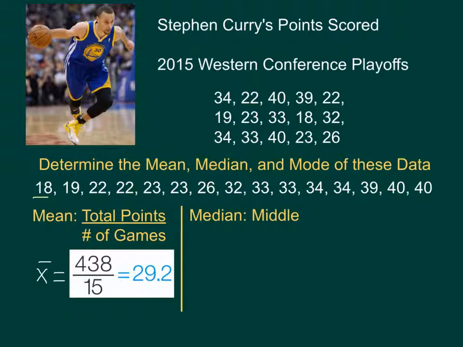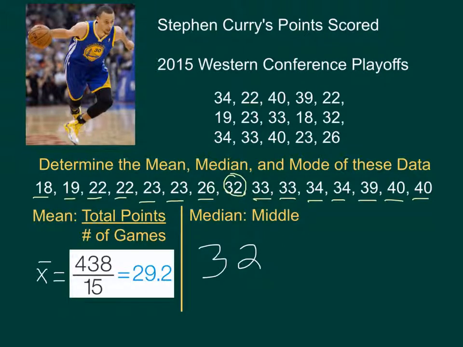So 18 and 40 are matching up, 19 and 40, 22 and 39, 22 and 34, 23 and 34, 23 and 33, 26 and 33, which leaves me with a median right in the middle of 32. And fortunately, I was able to just figure that out pretty easily. And so now we have our second measure of center.